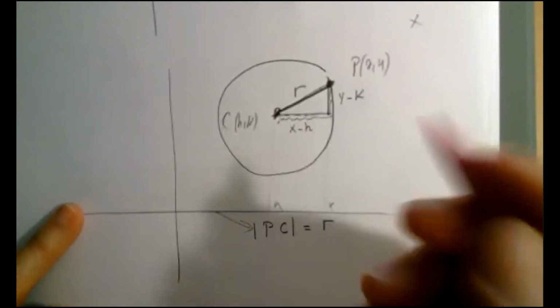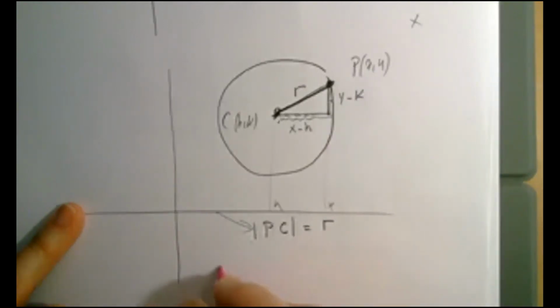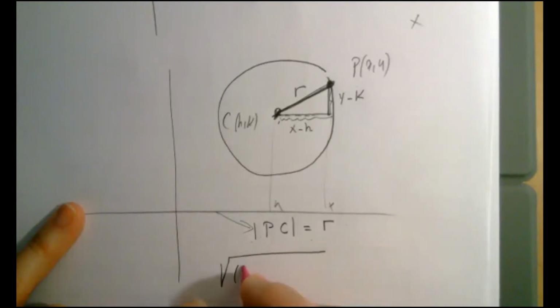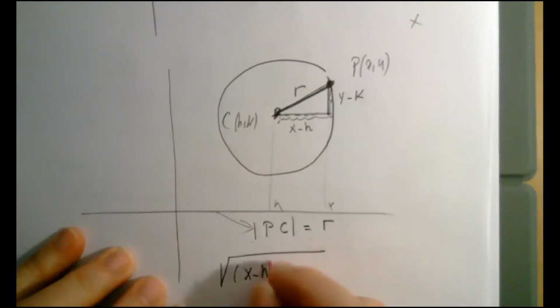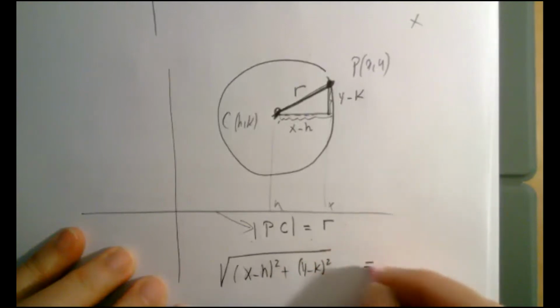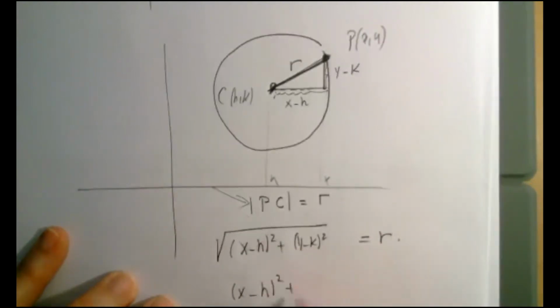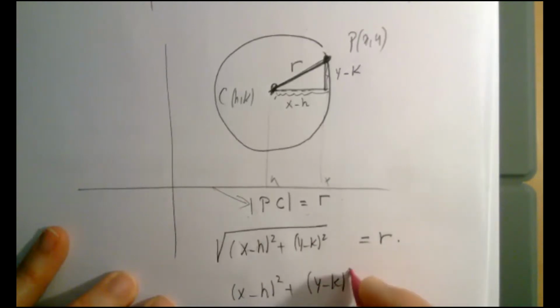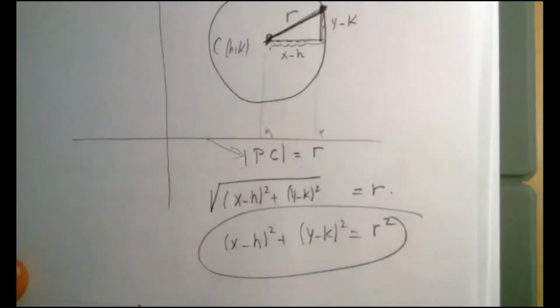And Pythagorean theorem will tell me that the distance from P to C is the square root of (x minus h) squared plus (y minus k) squared, equal to r. So that's the circle, the easiest. Purely Pythagorean theorem. It means this is the Pythagorean theorem the way you know it: (x minus h) squared plus (y minus k) squared equal r squared. And this is the equation of a circle.